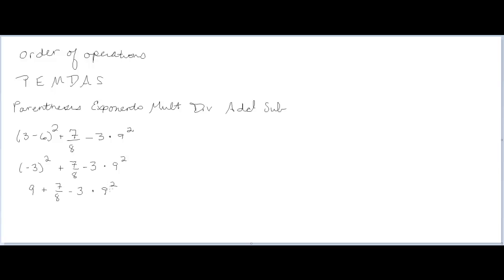We're not done with the exponents yet, so 9 plus 7/8 minus 3 times 81. So now, we're done with the exponents. We move on to multiplication. So we have one multiplication issue here, and that is negative 3 times 81, which I don't really want to do on my calculator.